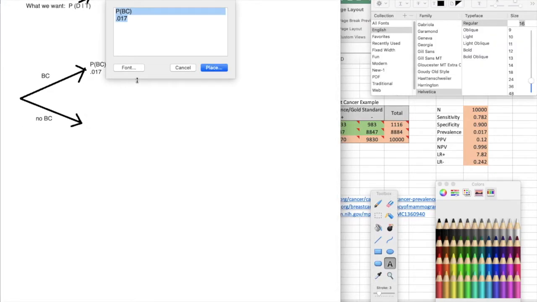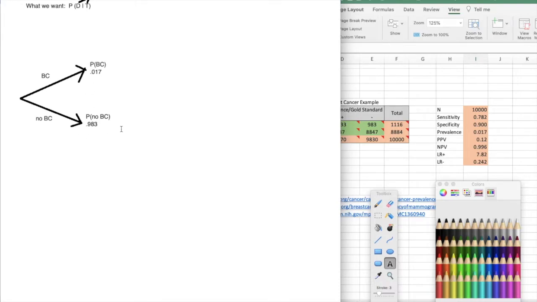The probability of no breast cancer is the complement of that. Complement is basically just 1 minus the other number. So that is 0.983.